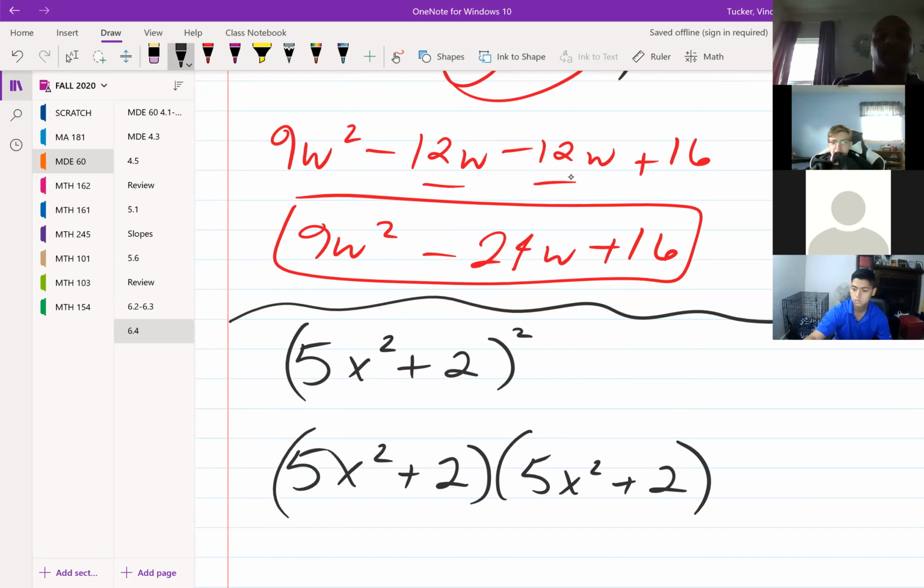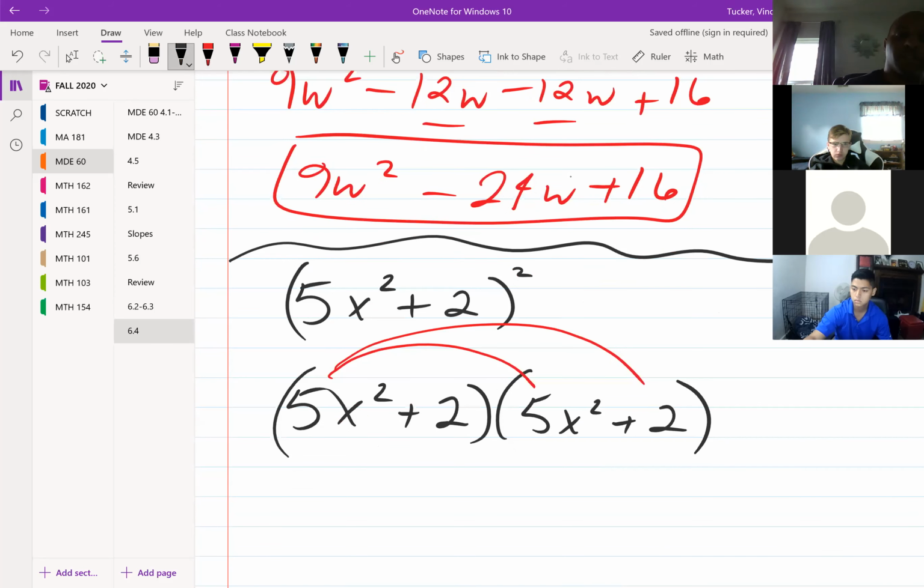Do your distribution. 25x to the 4th plus 10x squared.